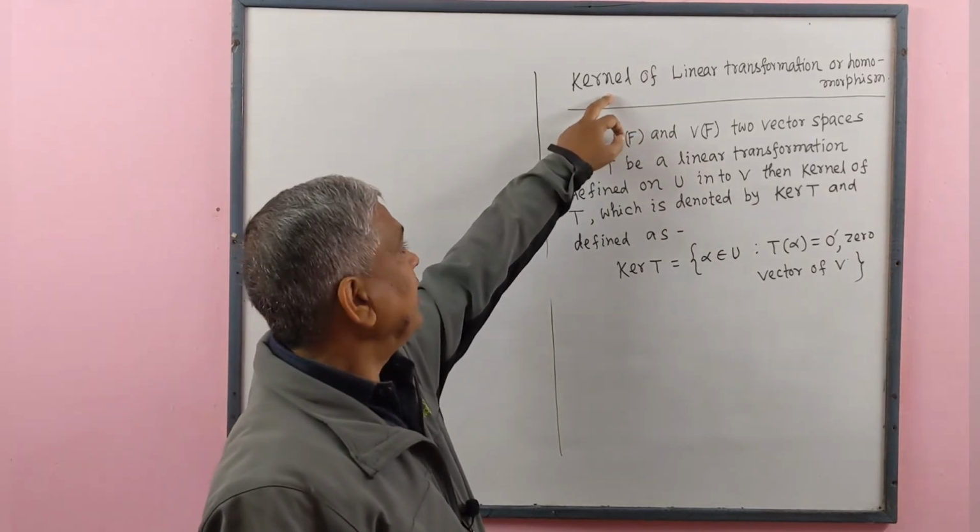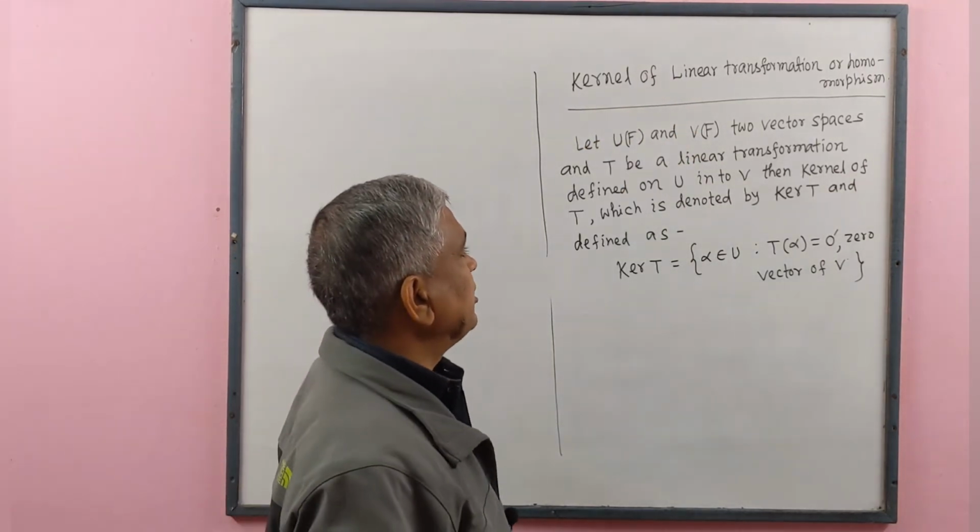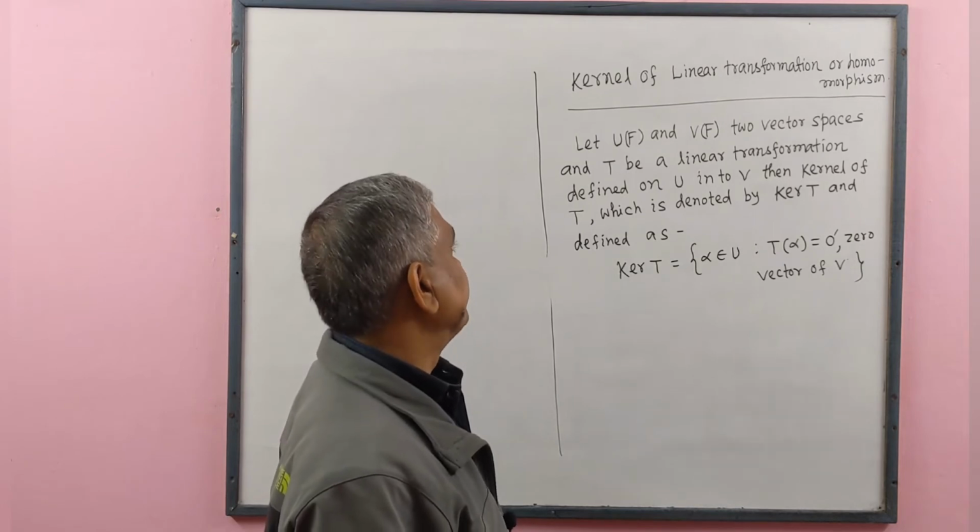Now we define the kernel of a linear transformation or homomorphism.